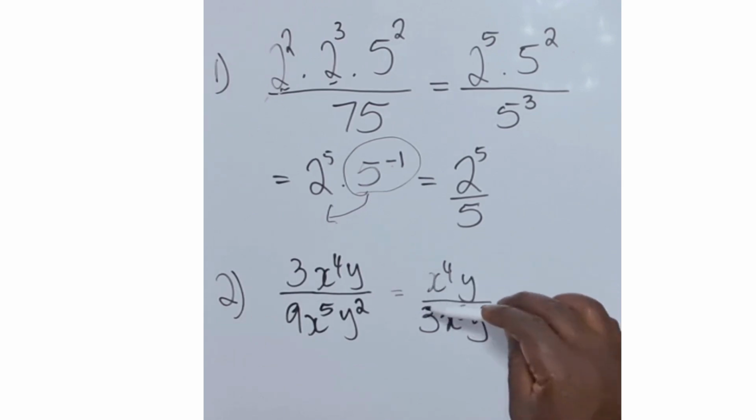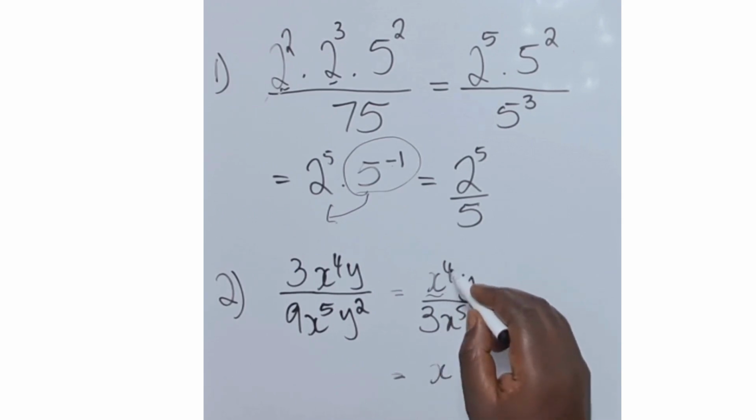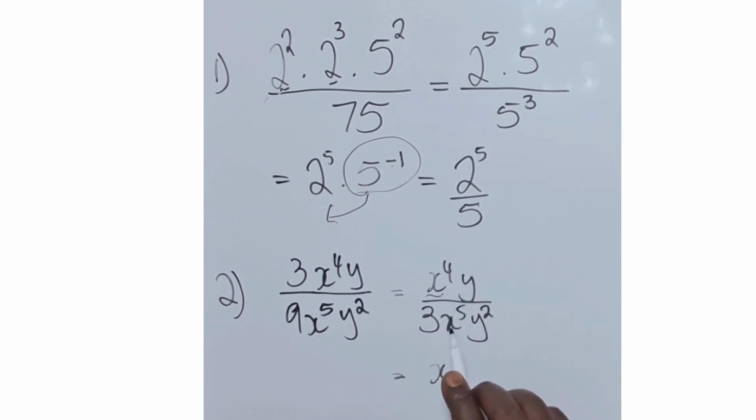Now we are dividing, so we can look at the bases. We have x to the 4 as your numerator and x to the power 5 as your denominator. We have y divided by y squared. So we can then subtract the exponents. So we have x to the power 4 minus 5, which will be minus 1.